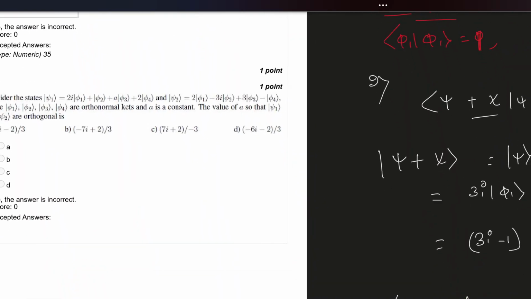Now assembling the terms, psi plus chi, psi plus chi equal to minus 3i minus 1 phi 1 plus phi 2, times 3i minus 1 phi 1 minus phi 2.